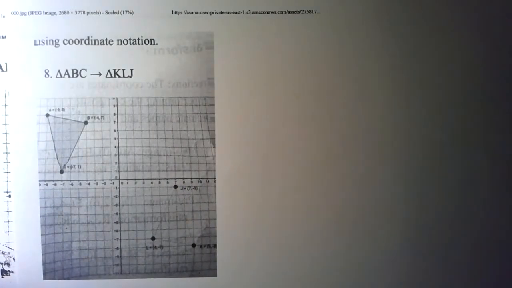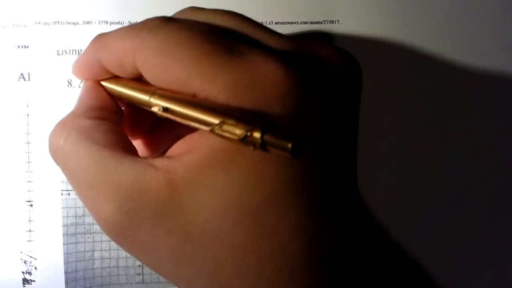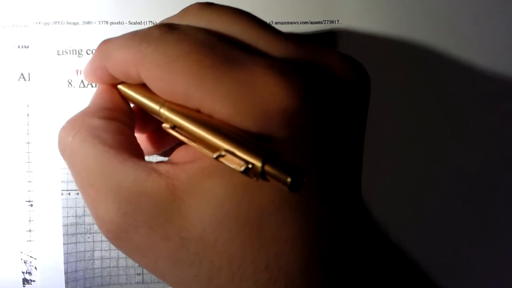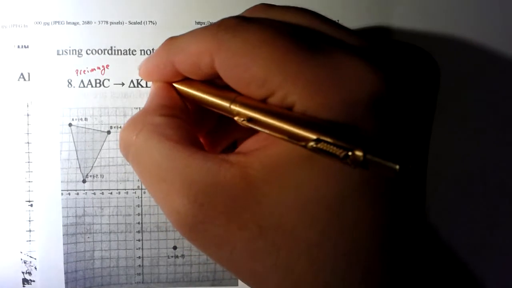Okay. So we need to use coordinate notation to show this transformation. The first thing we need to do is find what the pre-image is. We need to know what the notation is telling us. On the left side of the arrow is the pre-image, and on the right side is the image. You don't have to write this, I'm just putting it here for explanation.